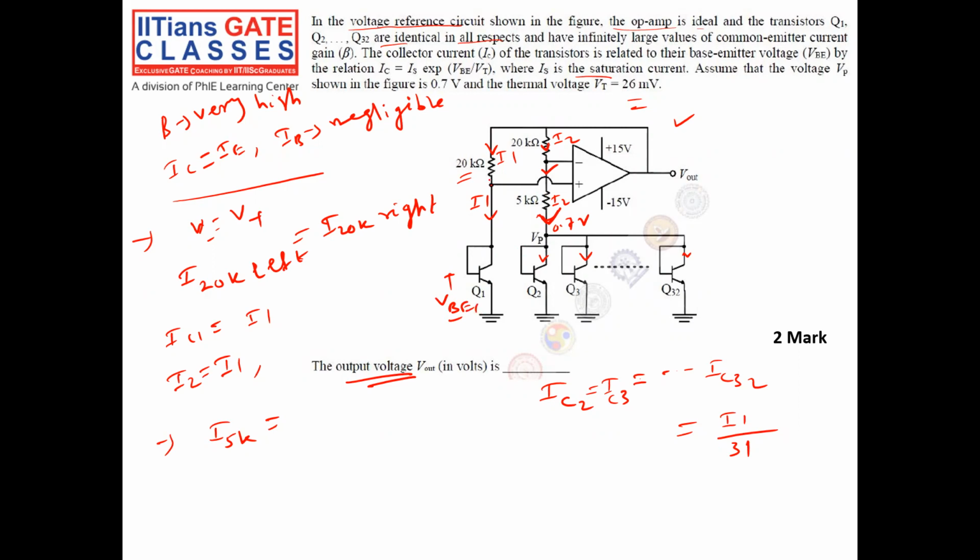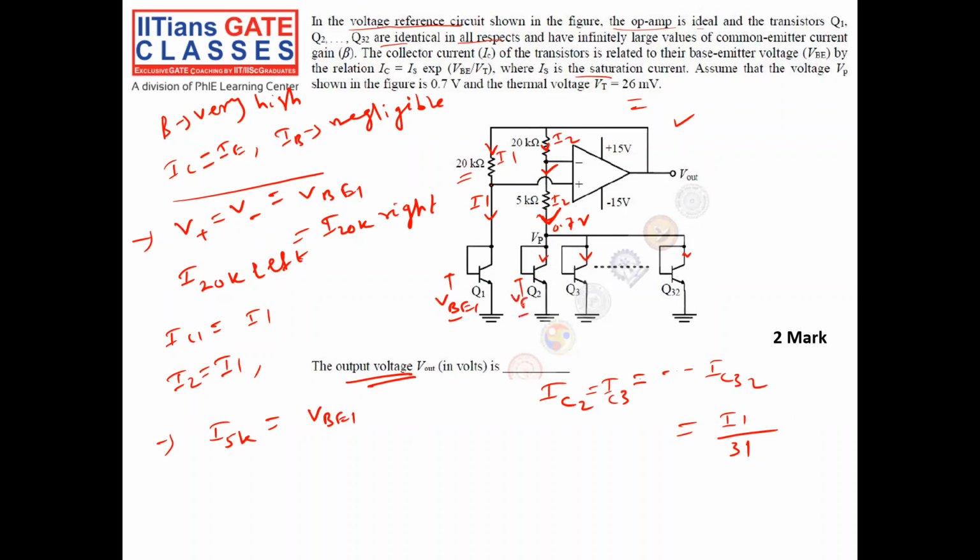So the 5K positive terminal is at VB1, right? Because of virtual ground, V positive is equal to V negative, and V positive is nothing but VB1. So the voltage across 5K, with V positive equal to V negative, is VB1 minus VB2.